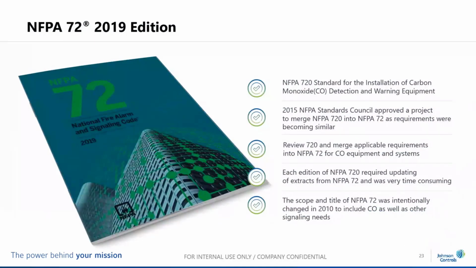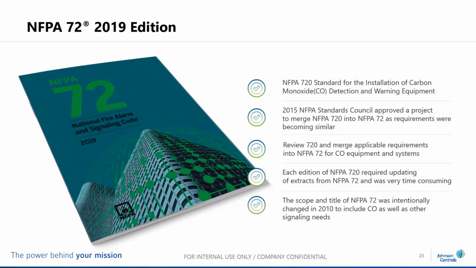So now let me go through this. 720 now is no longer being updated. It stopped in 2015. But everything has been pulled into 72 for 2019. So we haven't really lost anything.